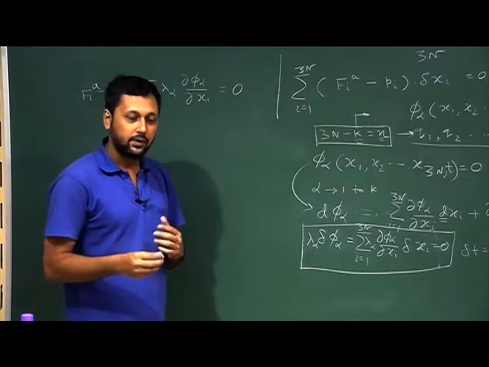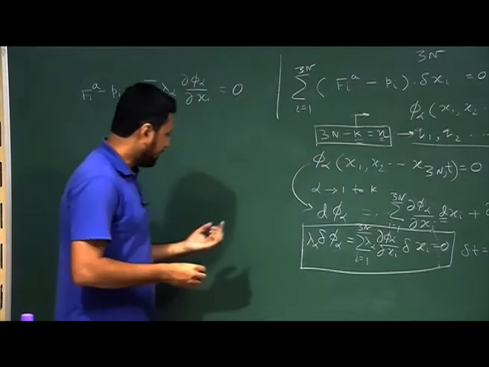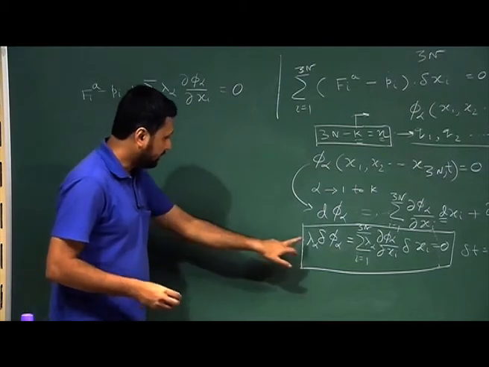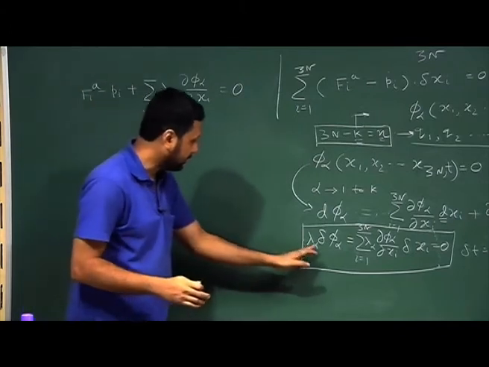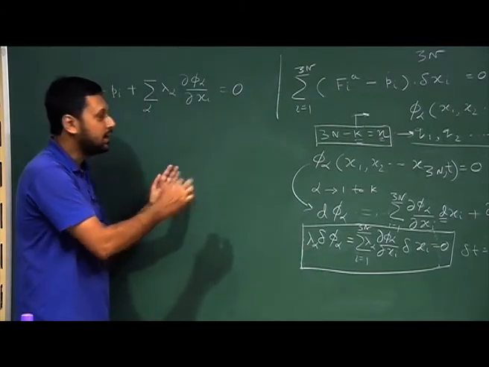So, it is a modification of D'Alembert's principle. The way of modification is that under a certain constraint condition we multiply with a constant and add it to the original equation.